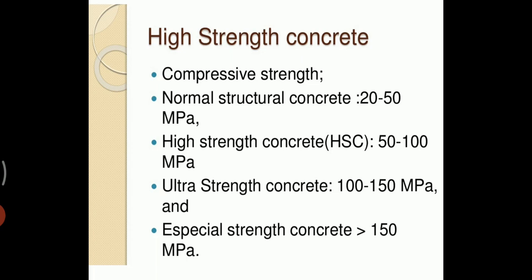Then in case of ultra strength concrete, its compressive strength range is 100 to 150 megapascals. And finally, if we have a special strength concrete, its compressive strength is always greater than 150 Newton per mm squared. So like that we can classify concrete based on its strength.